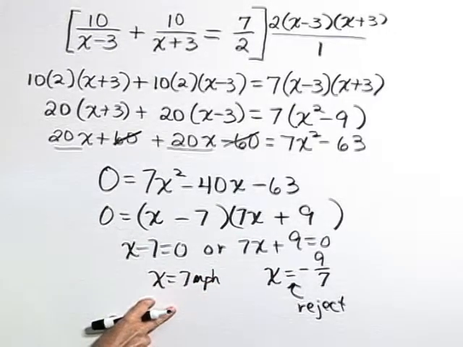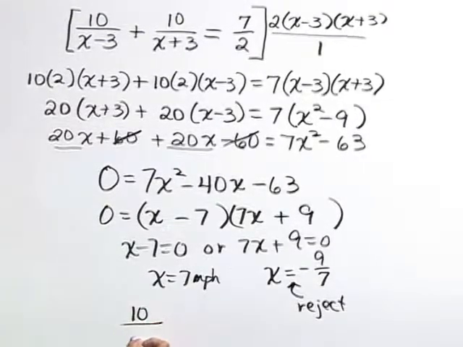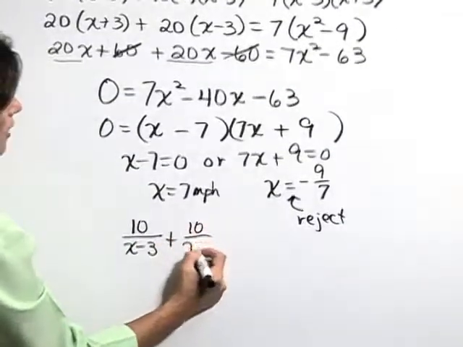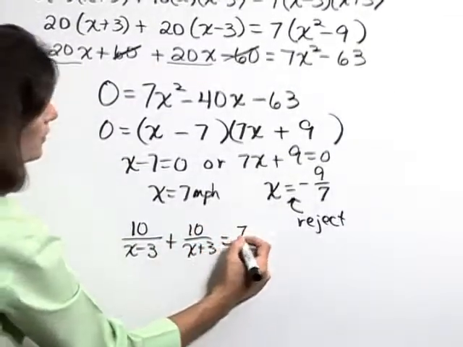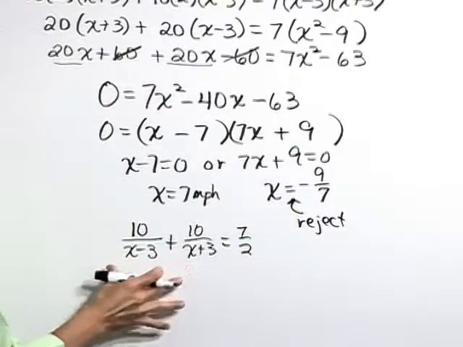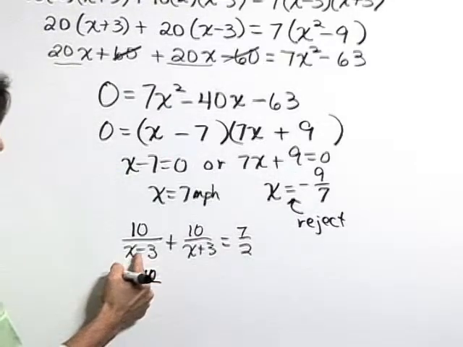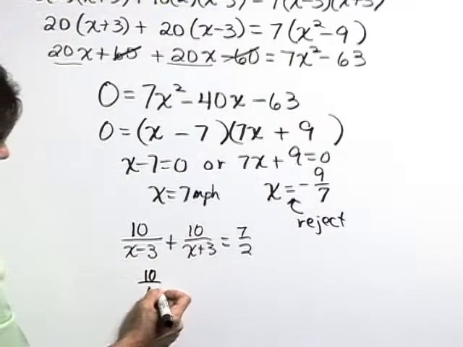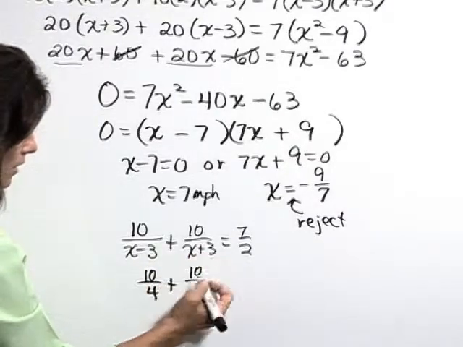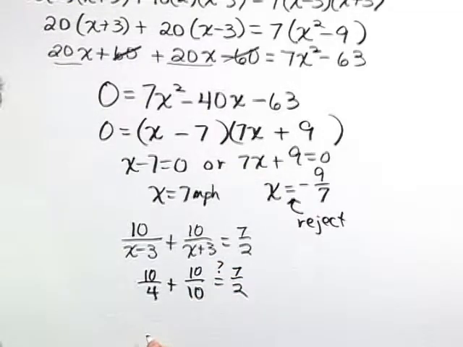Let's check it in our original equation, which was 10 over x minus 3 plus 10 over x plus 3 is equal to 7 halves. Let's substitute 7 in there and see if this works. This is our last step here. So is 10 over 7 minus 3, that's 4, plus 10 over 7 plus 3, that's 10, equal to 7 halves?